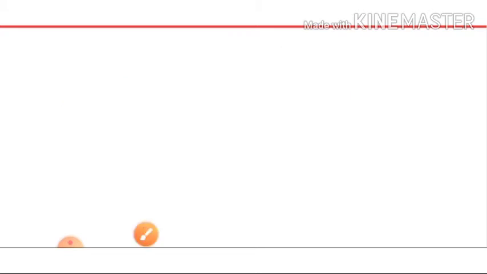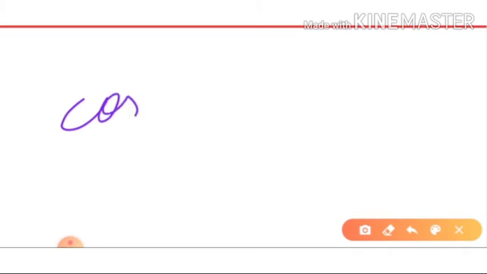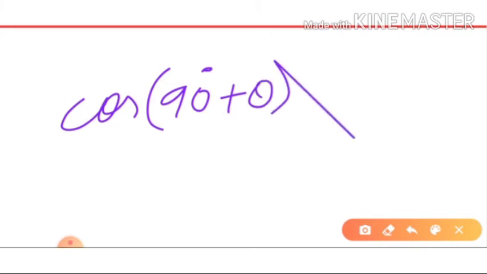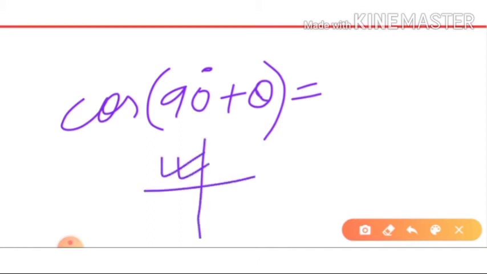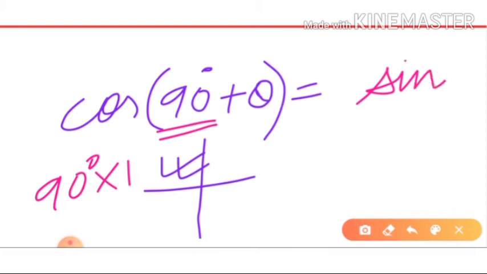Similarly, say for cos of 90 degree plus theta. 90 degree plus theta is always in the second quadrant, and in the second quadrant we know cos is negative. At first we look at this 90, an odd multiple, 90 into 1, so cos will change to sine, and theta remains the same.